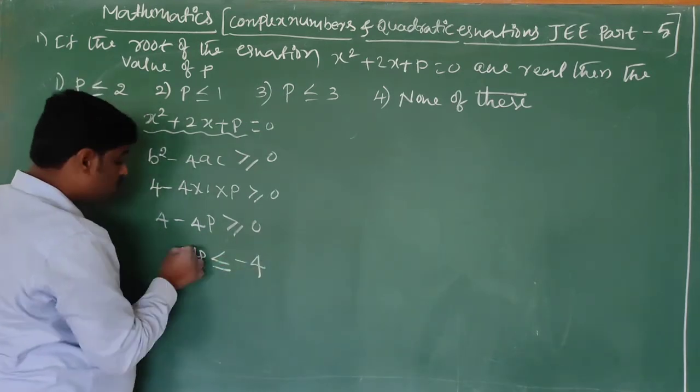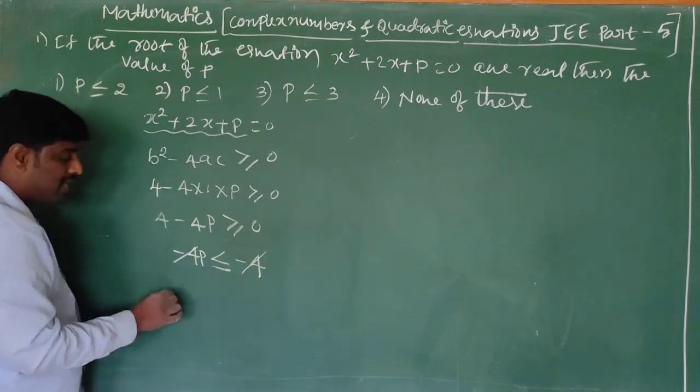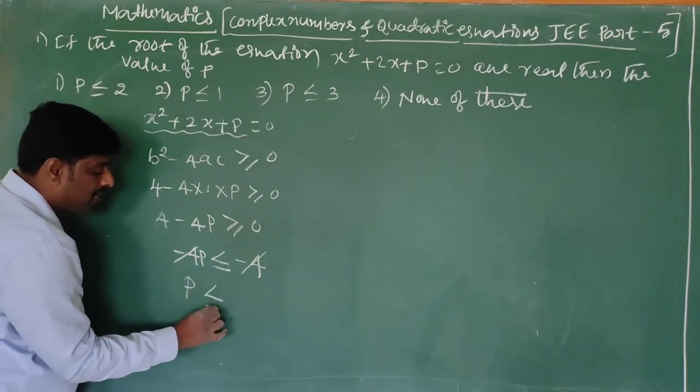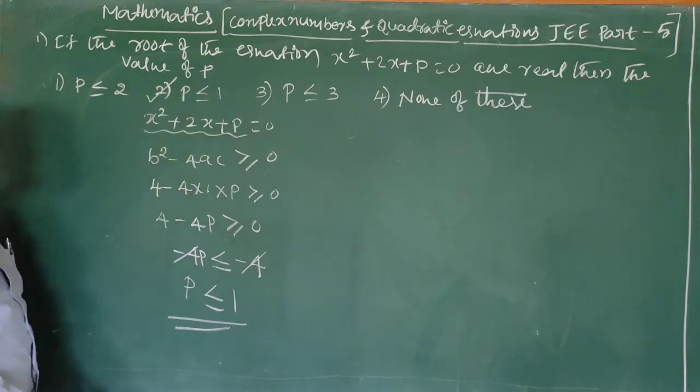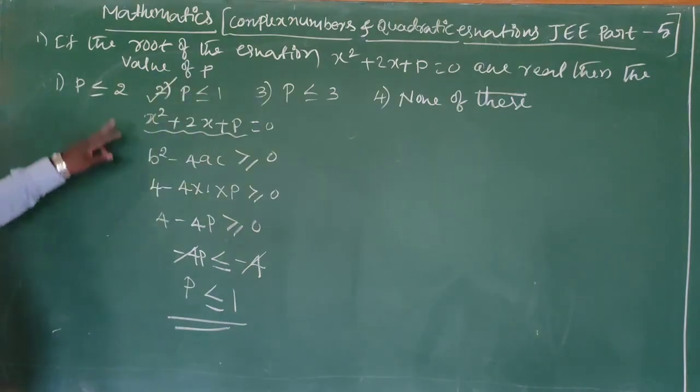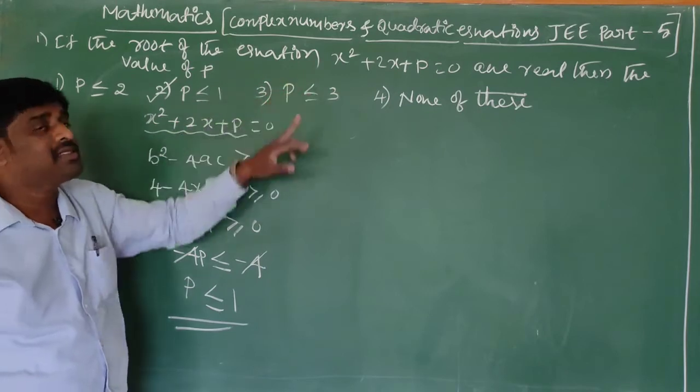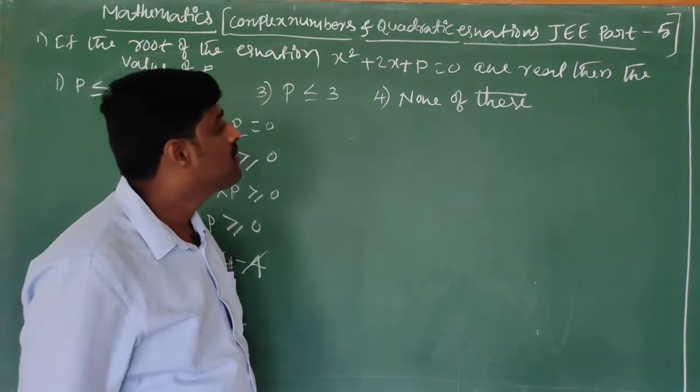Minus 4 cancels, that is p less than or equal to 1. Which option? Second option.